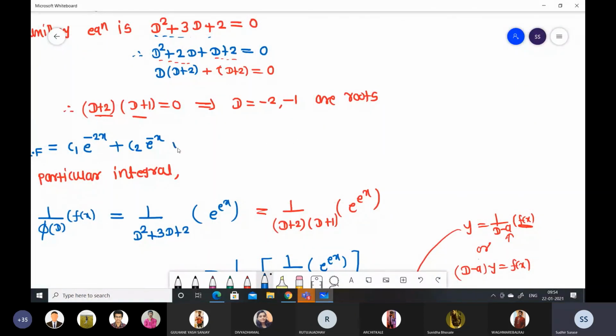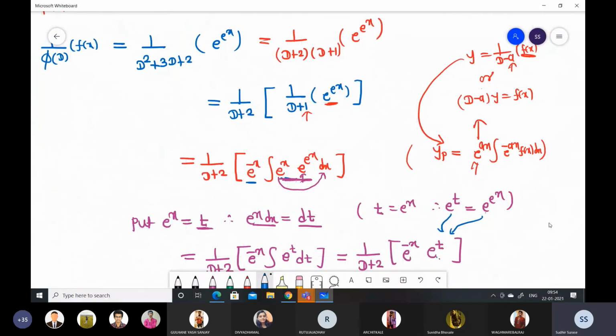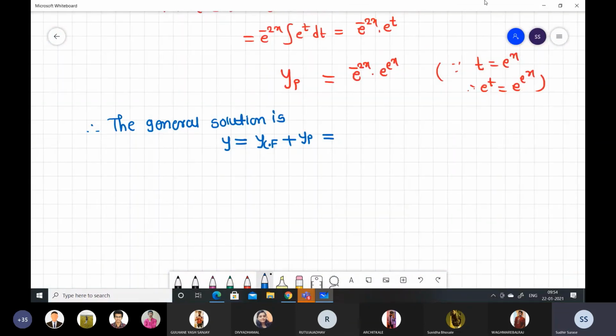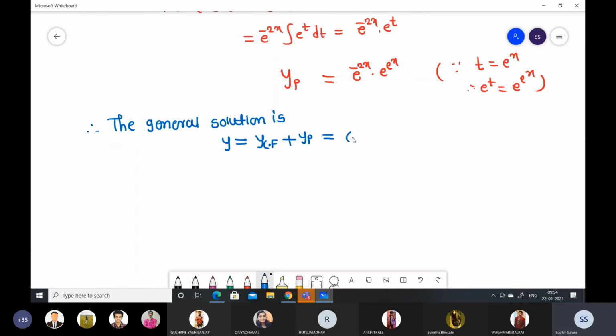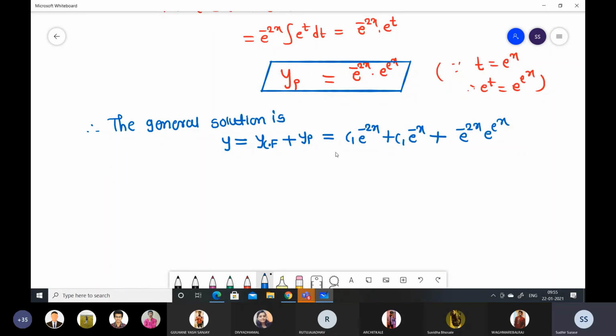You can see here, C1 e to the power negative 2x plus C2 e to the power negative x. So that we have to write as it is, and YP that we already got in the last step. So this we have to write as it is, e to the power negative 2x e to the power x. That is the required general solution of the given differential equation.